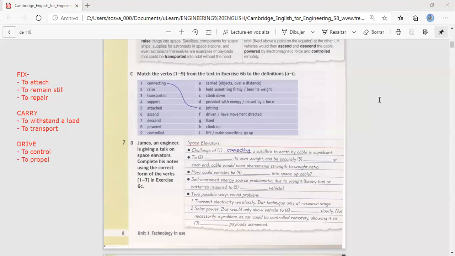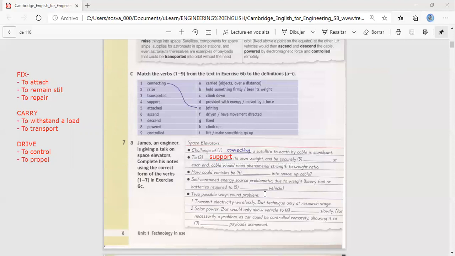We're going to use different verbs in here. The next is, to support its own weight and be securely attached at each end. Support, in this case, because it's talking about weight.